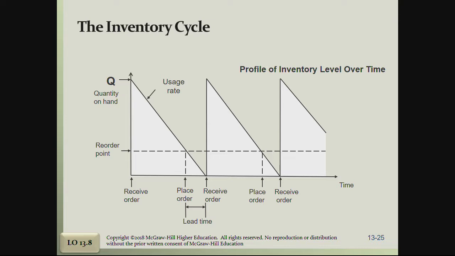To calculate the area of a triangle, how do you do that? In fact, for this one, we just calculate the height, which is Q divided by 2. We know for sure, because we spend the same time from Q to this middle point as from this middle point to 0. So the average is very straightforward, Q divided by 2. Then times H is our annual holding cost.